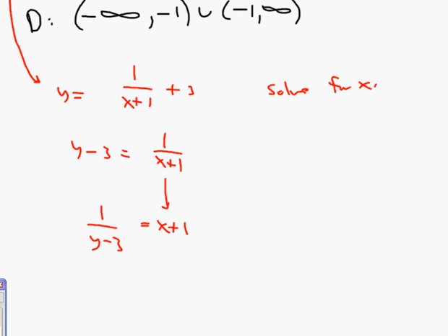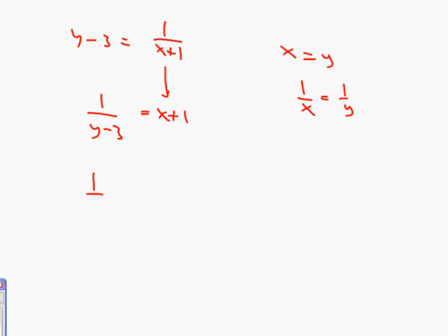If you think about that, that makes sense. If I tell you two numbers are equal, x and y are equal, then their reciprocals are equal. 1 over x has to equal 1 over y. So those would be fractions with the same denominator and both have a numerator of 1. Okay, let's just subtract 1 and we're finished. So we get 1 over y minus 3, minus 1, equals x.